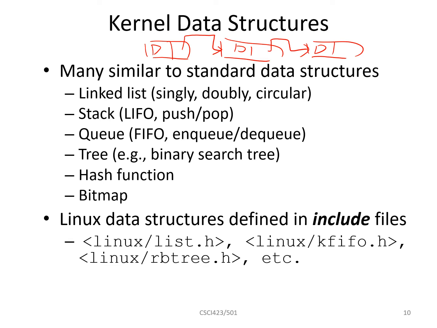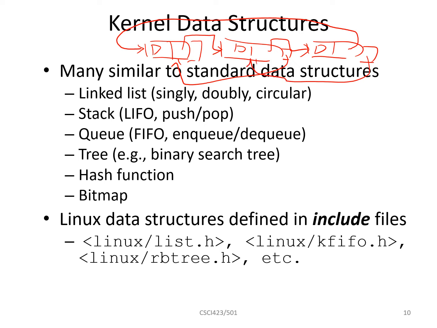Okay, so this is a singly linked list, and if you make the last one point to the first one, this becomes a circular list. And a doubly linked list just has another field to point backward, like this.